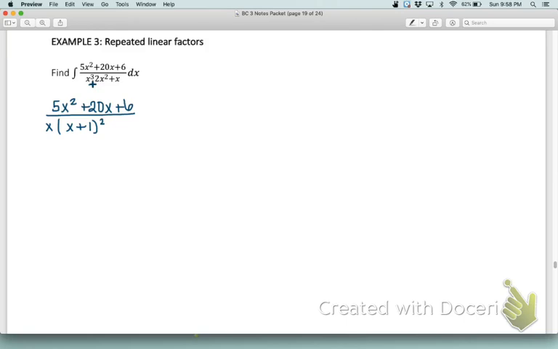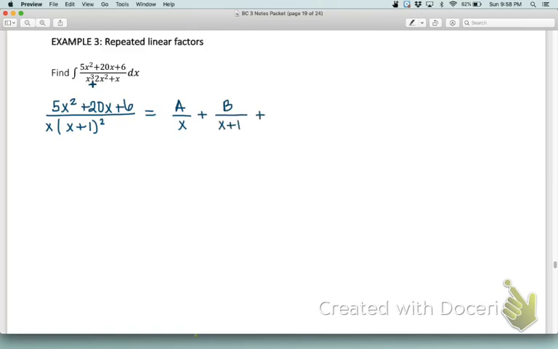Now, this is where we have a repeated factor. So we are going to have to break this apart into 3 things. We have one linear factor that is x, so we're going to have A over x plus. We have x plus 1 as another linear factor, so there's the case that I only have one of them, B over x plus 1.